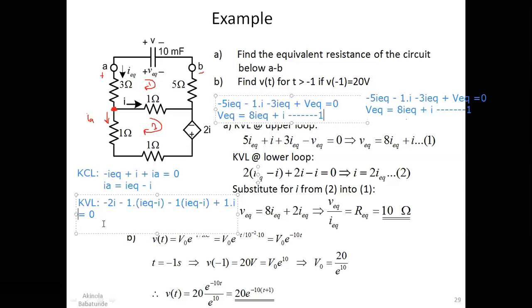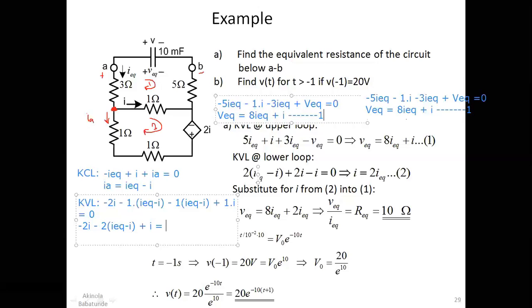So if we have it like this, then the next thing you want to do is to quickly solve that and then rearrange. So what you would have is minus 2I minus 2IEQ. Okay, let me do it this way to make it easy: minus 2IEQ minus I, not 1, plus I. All right, this is going to make it easy for all of us.